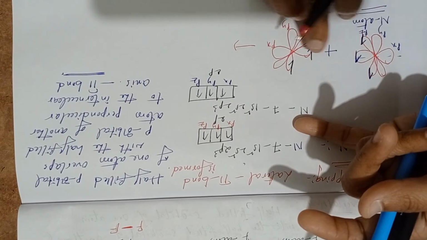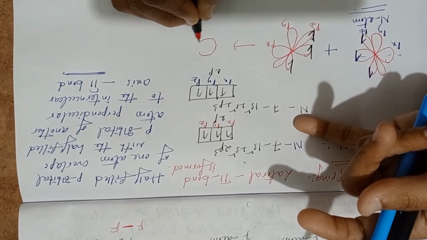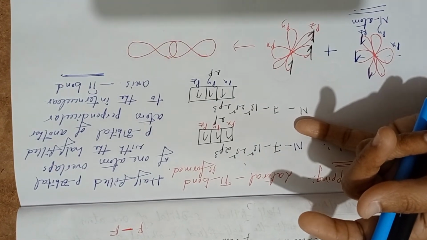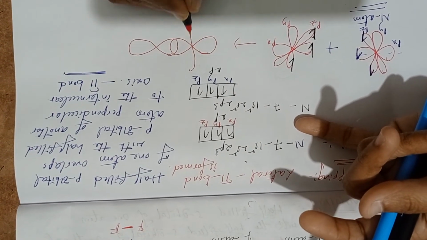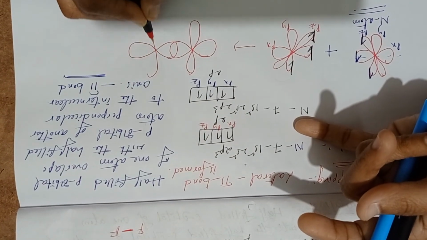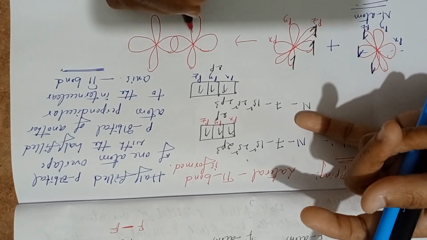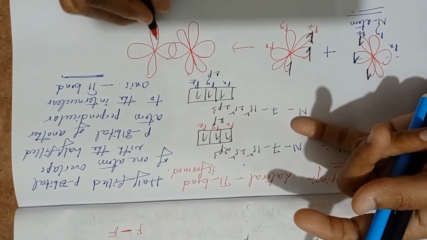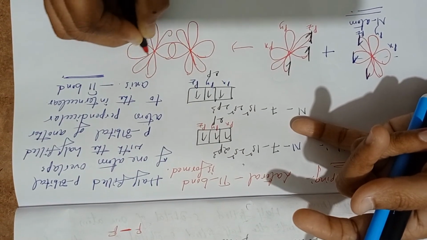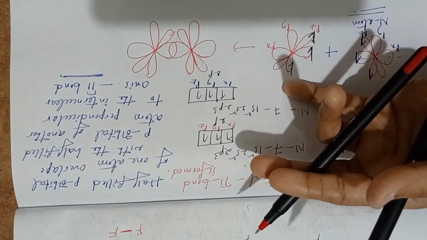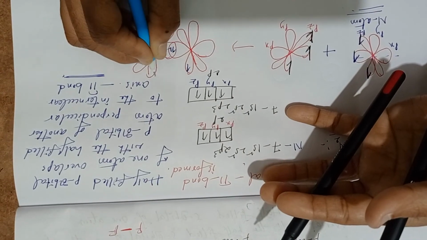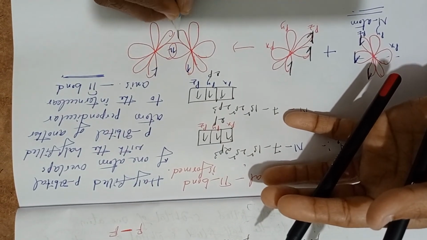Now see, students, this px undergoes end to end overlapping, like this. Next, this is the py orbital, and this is the pz orbital. Here 2 electrons will come, here 1 electron, here 1 electron, and this is the pz electron.